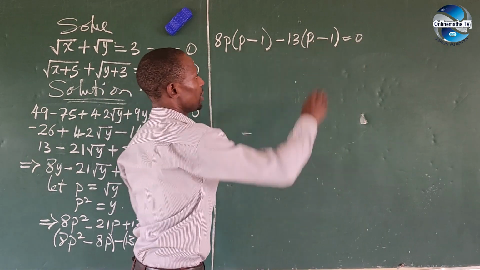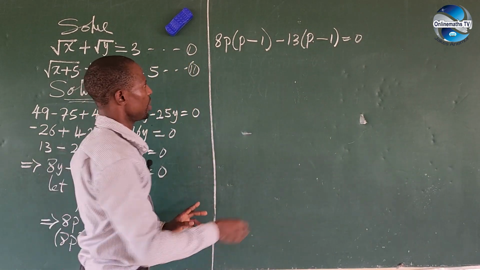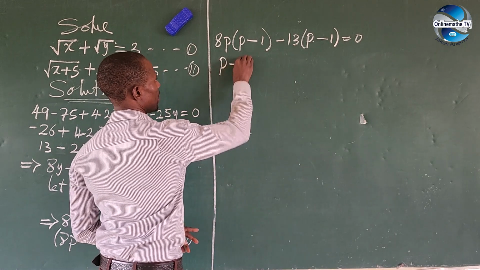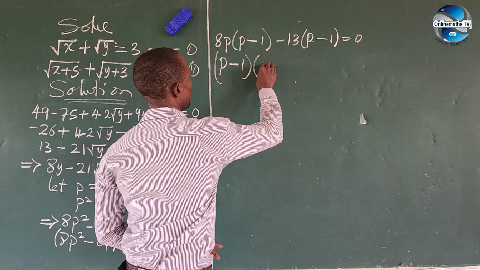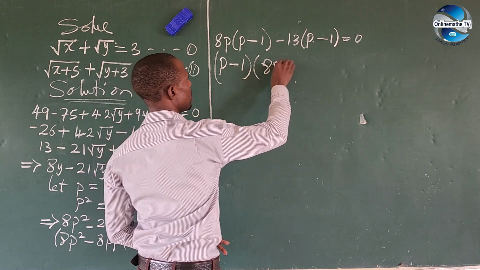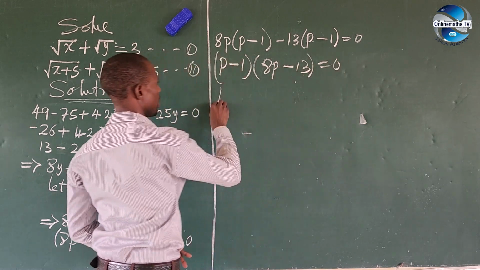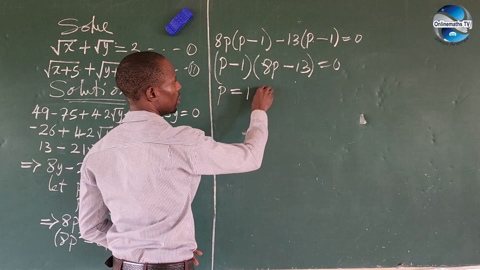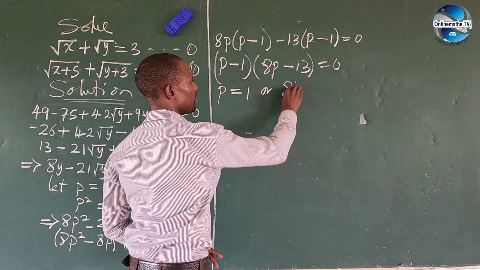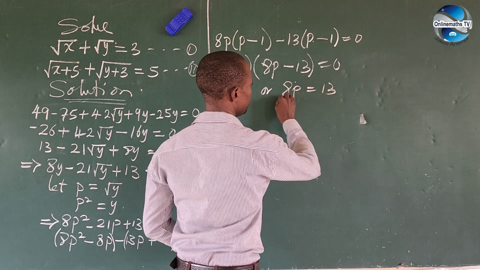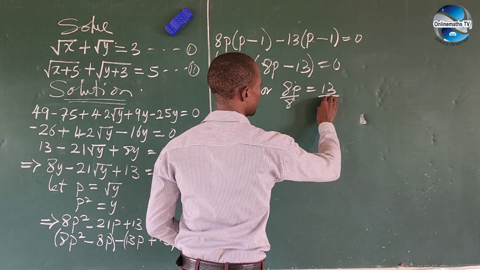So from here, if we succumb to the zero product rule, then we're going to have p minus 1 into 8p minus 13 equal to 0. So p is equal to 1, or we have our 8p equal to 13. Divide through by 8, divide through by 8 here.